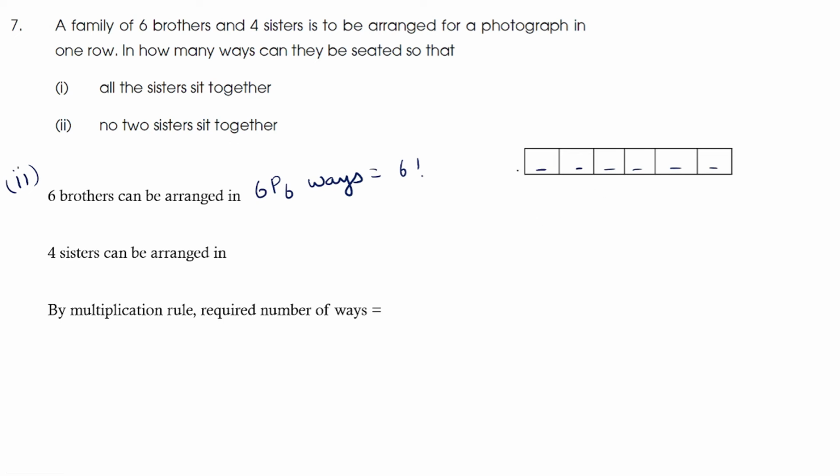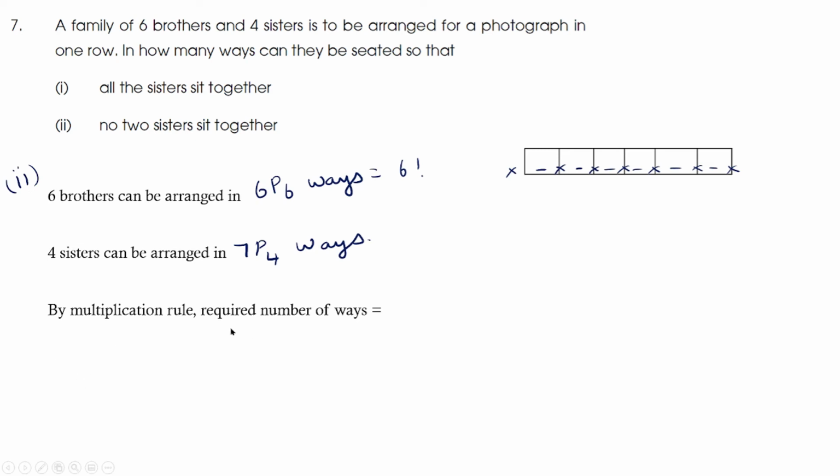So the sisters can occupy either this place or here, here, here, or in between these brothers. So the number of places available for sisters to occupy is 1, 2, 3, 4, 5, 6, 7, and there are 4 sisters. So the 4 sisters can be arranged in these 7 places in 7p4 ways.